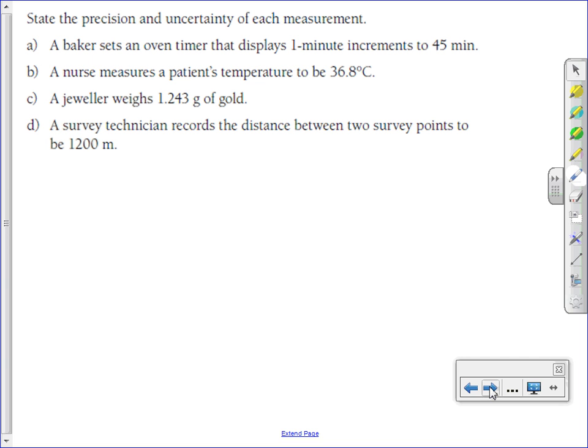So let's take a look at some situations here. The first one, a baker sets an oven timer that displays 1-minute increments to 45 minutes.